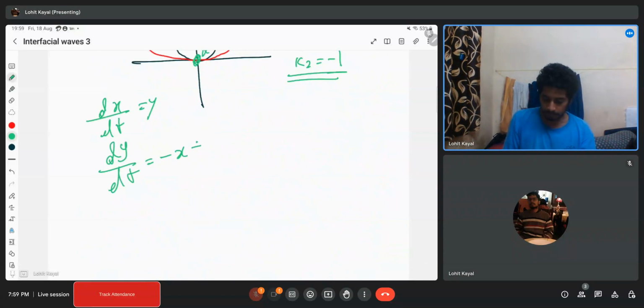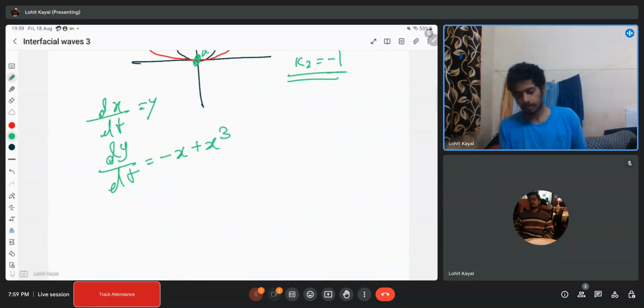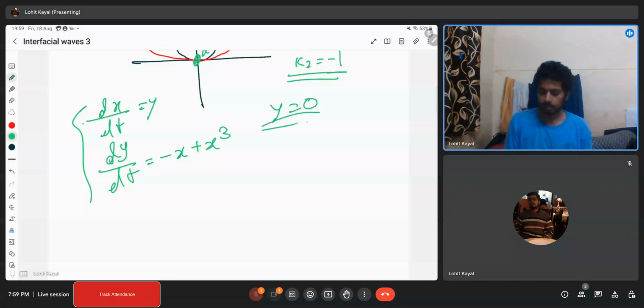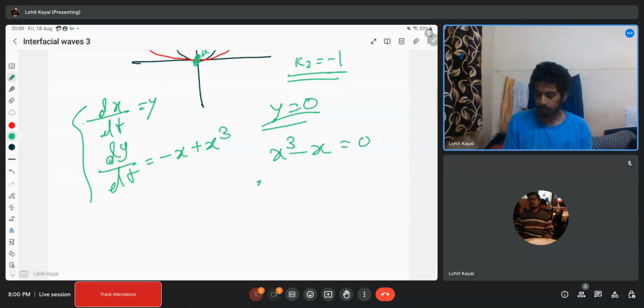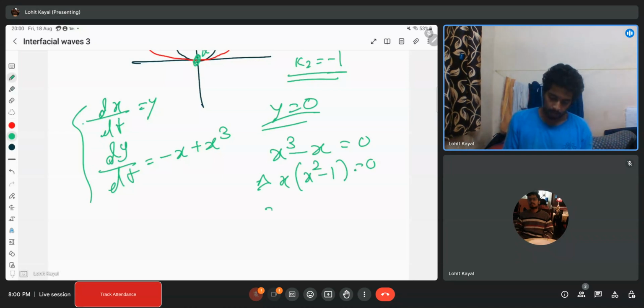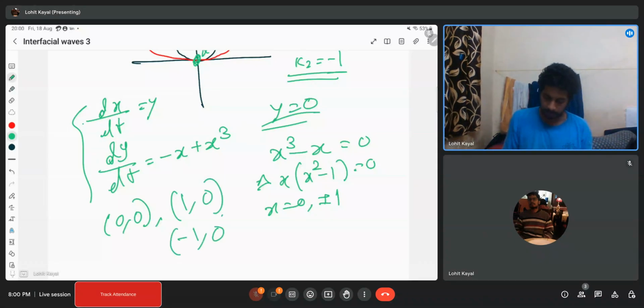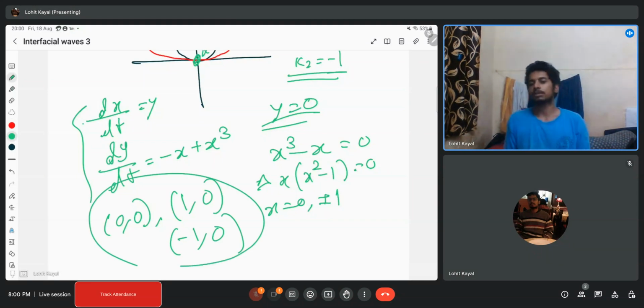For the fixed point, dx dt has to be 0 and dy dt has to be 0. So y equal to 0 is always a solution. Another solution is x square minus 1 equal to 0 after factoring x out, so x times (x square minus 1) equal to 0. So x equal to 0, plus minus 1. So (0, 0) is a fixed point, (1, 0) is another fixed point, (minus 1, 0) is another fixed point. Okay, so this is your solution.